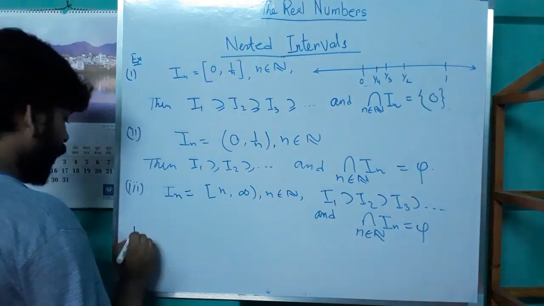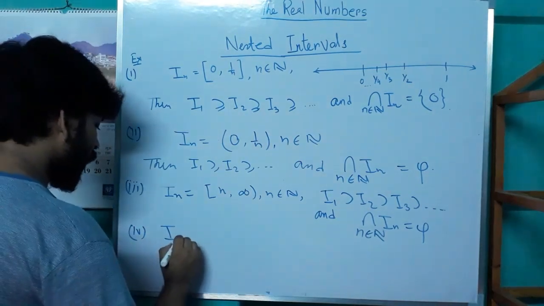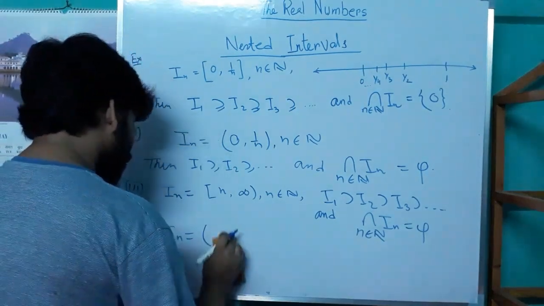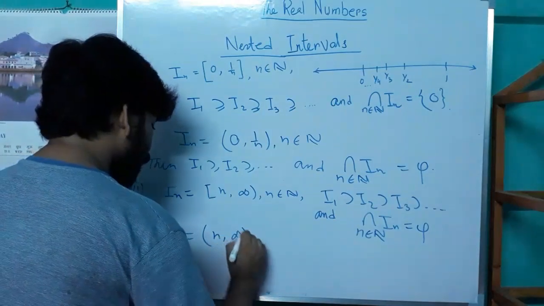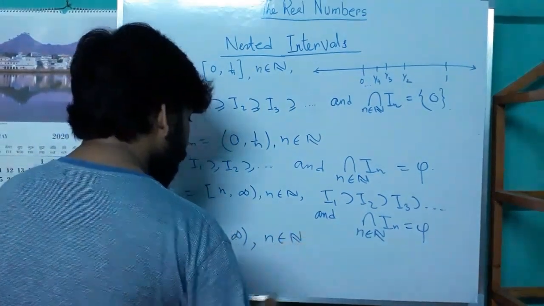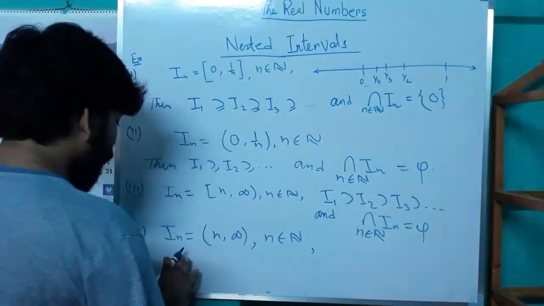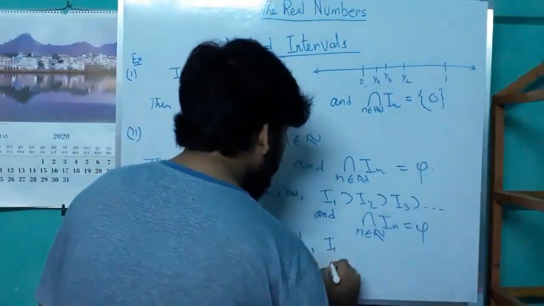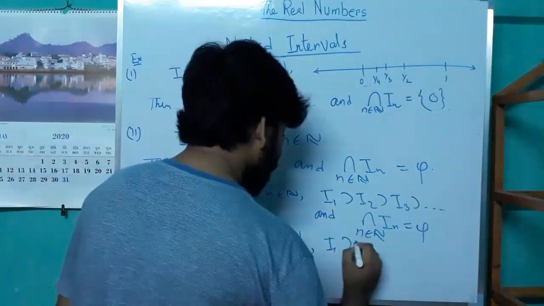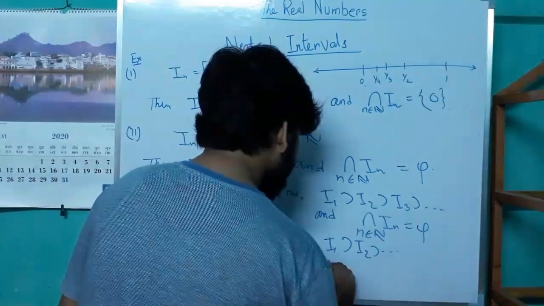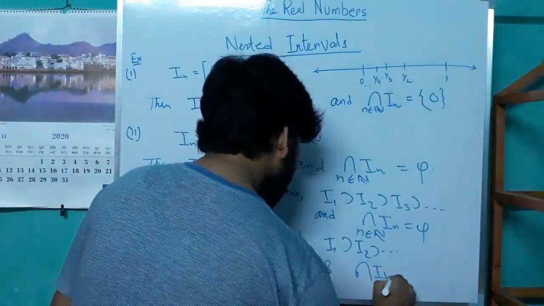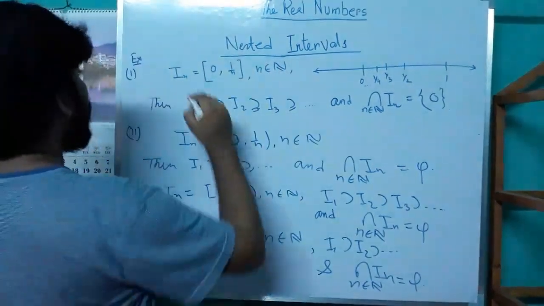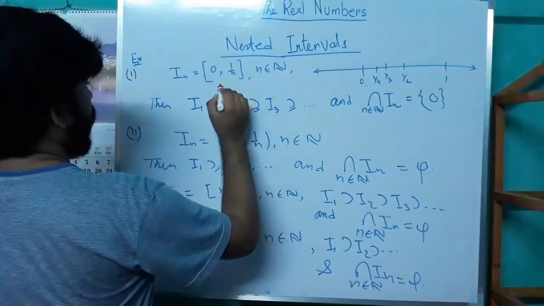Okay, next example, if we consider In equal to the infinite open intervals (n, infinity), then these are nested intervals and the intersection of all the intervals is empty.